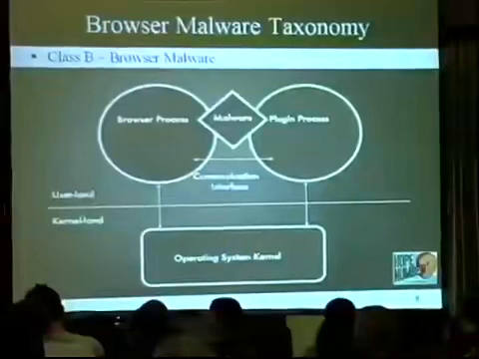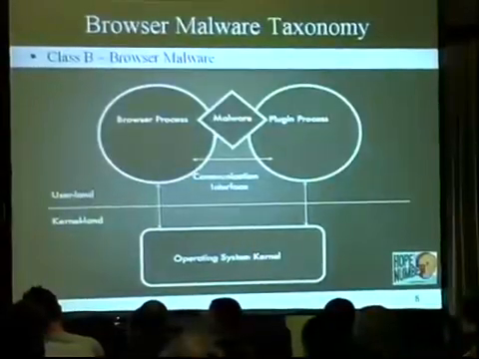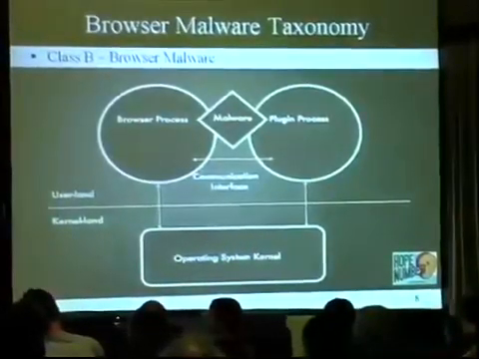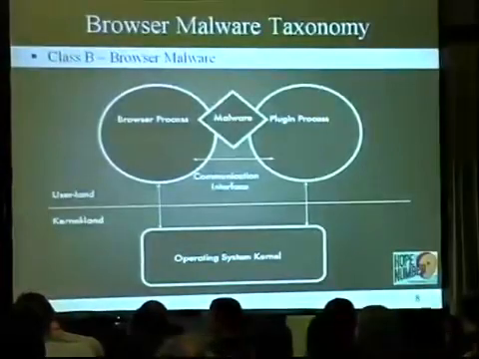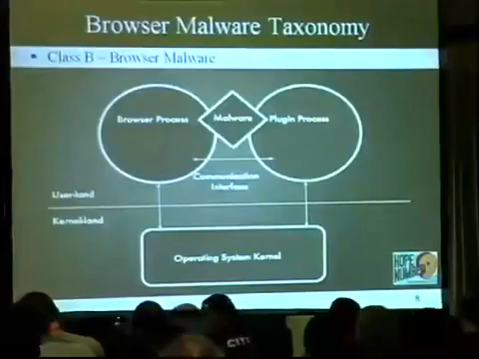Class B browser malware specifically exploits the plugin architecture, for example, a vulnerability in the Adobe plugin or in Flash. Google Chrome got compromised in the CanSecWest Pwn2Own competition. If you ask me, the plugin runs in a separate address space, in a separate process, but inside a sandbox environment.